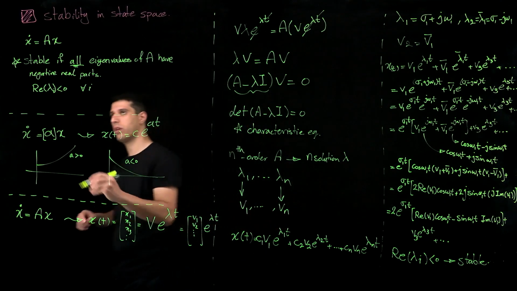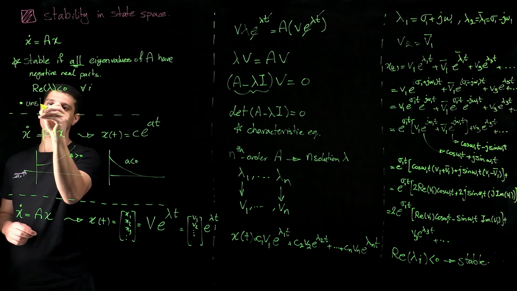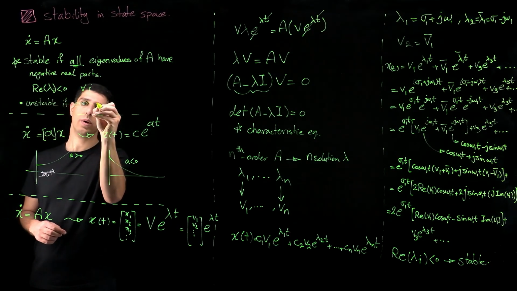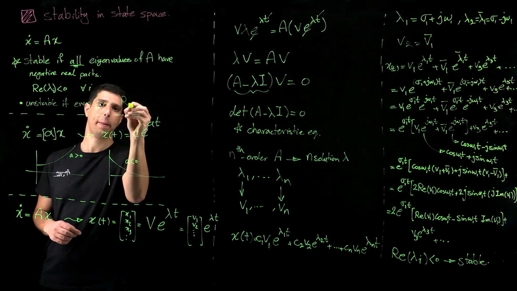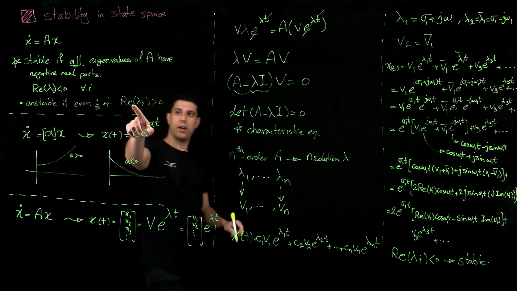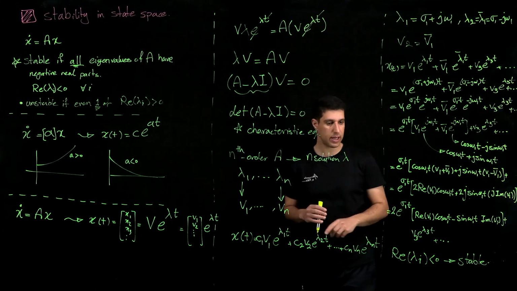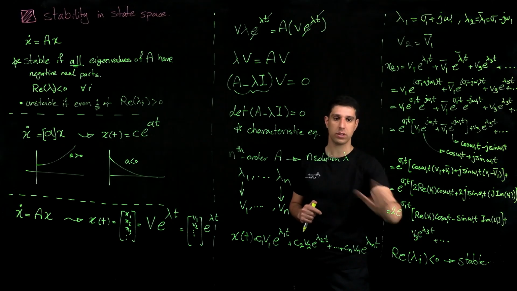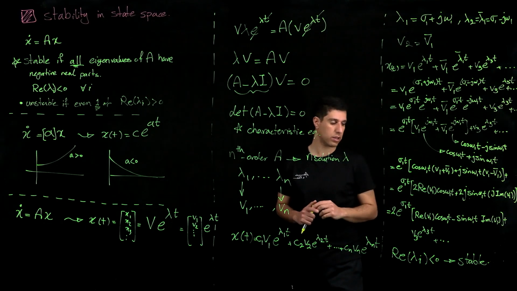Maybe I can write one more thing here. And unstable if even one of the real parts of the eigenvalues is positive, the entire system will be unstable, because there will be one of these exponential terms that will blow to infinity, although the rest of them will diminish over time and go to zero.